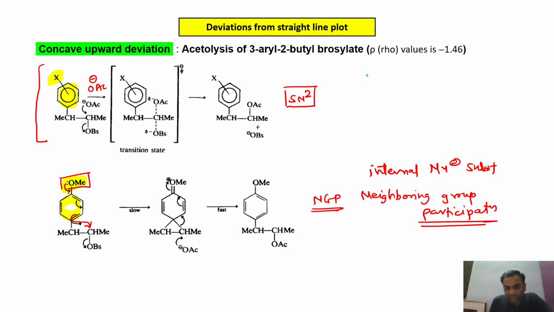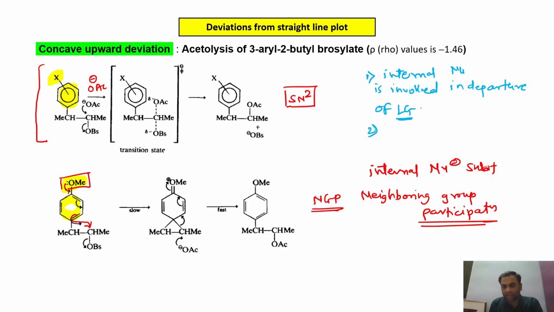Because in this case the internal nucleophile is involved in the departure of the leaving group, and this internal nucleophile, due to its close proximity, attacks the carbon at a faster rate.